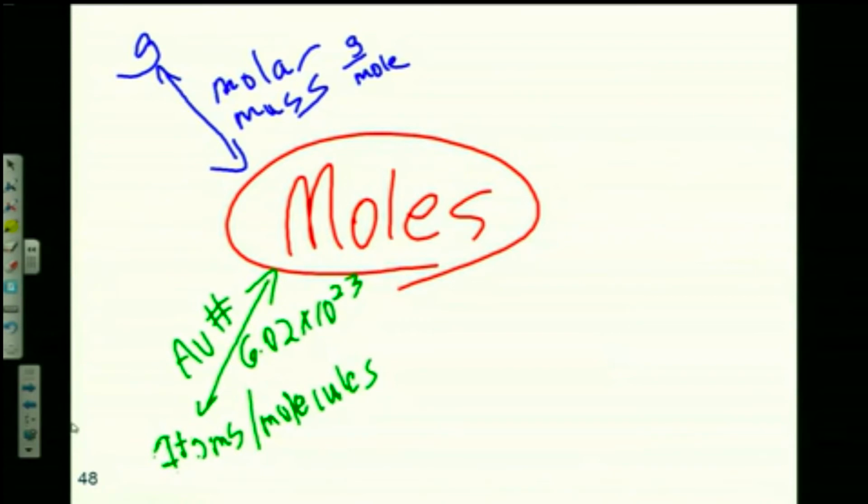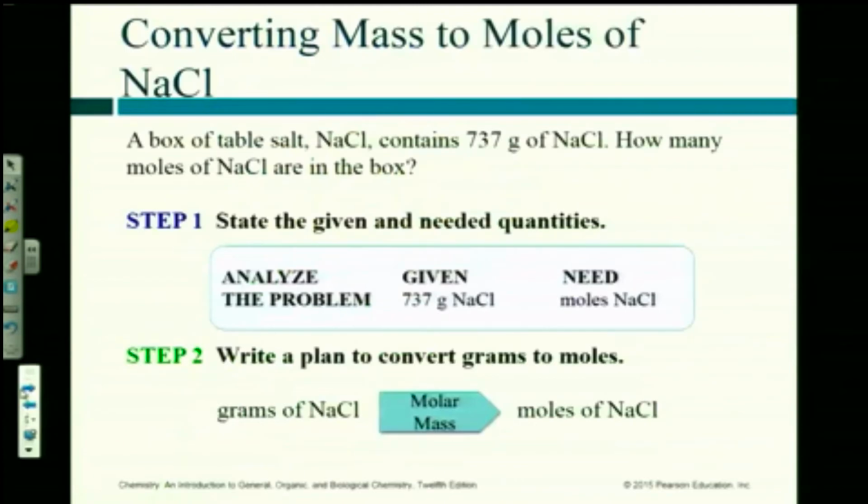It takes 2 steps to get from atoms to grams. Why? Because I don't have a direct path there. I have to go through moles first to get to grams. Or if I'm in grams, I have to go through moles to get to atoms or molecules. Okay? Moles is the central thing here, guys. You have to go through moles, okay? We're going to add other stuff to this later on, because we're going to go from moles of one thing to moles of something else using a balanced equation. We'll get there. So, all right, we did this part.